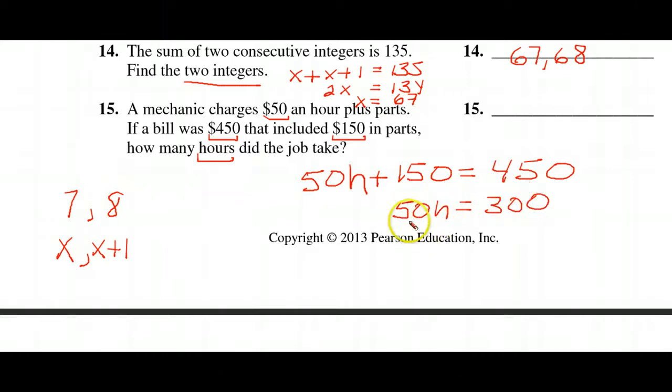Now we're going to divide both sides by 50, and we get h equals 6. Now again, that's your solution to this equation, but let's look at the question they're asking. How many hours did the job take? And it took 6 hours. You always want to give your answer statement, and it does fit in there nicely.